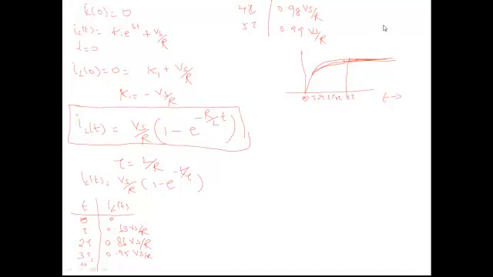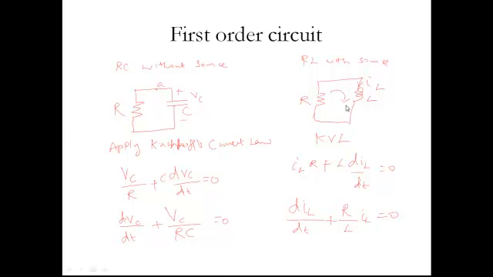At 5 tau it is approximately the maximum value. This is the circuit with the source which involves RL only. You can see from this graph, it's an exponentially increasing response. Whereas if you try to solve the RC circuit, you will get only Vc e power minus t by Rc.